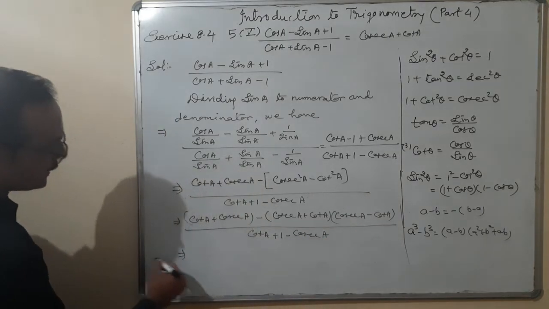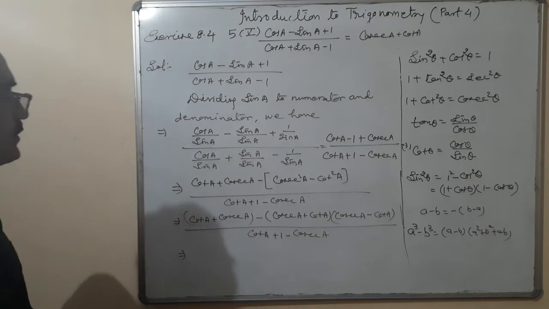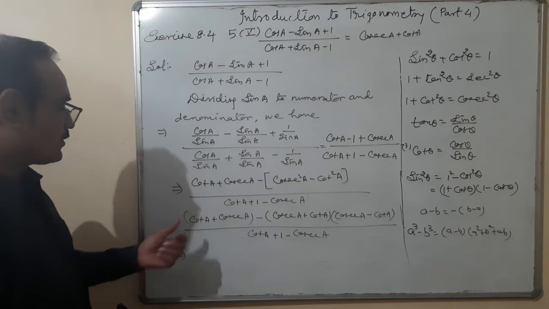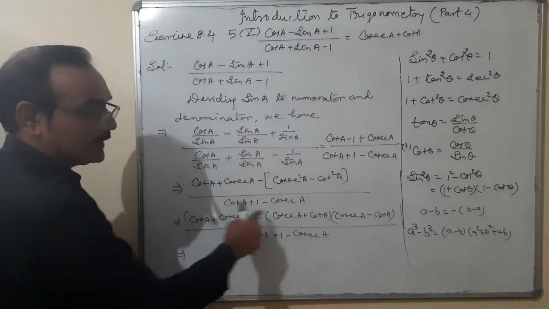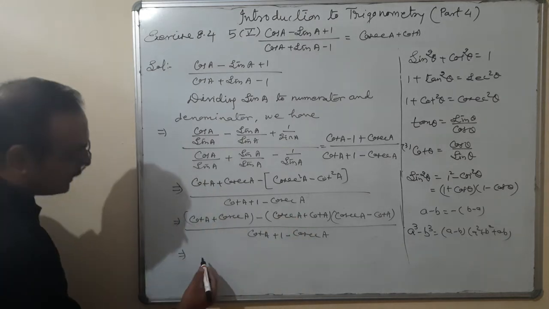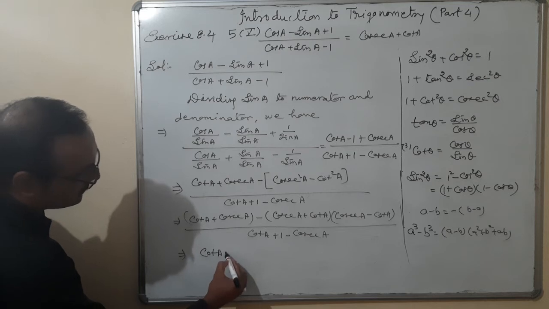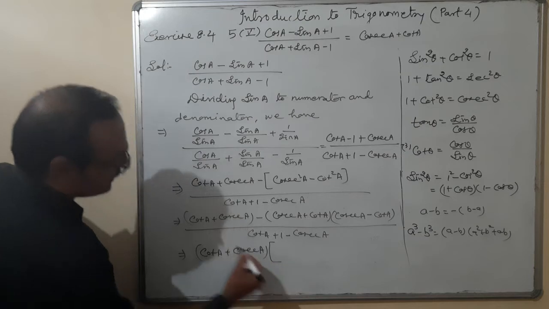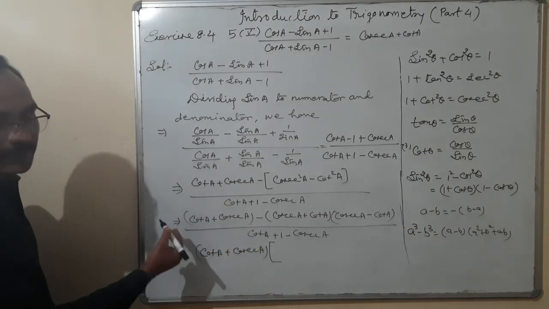Now see the numerator very carefully. In the numerator there are two terms, and you can see that cot A plus cosec A is common in both. So I am taking cot A plus cosec A common. If I take this term common, then in the first term nothing is left, that means 1.